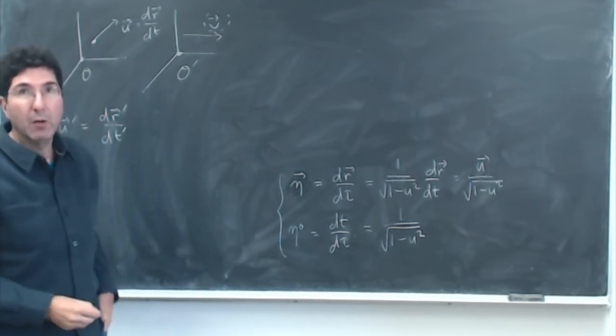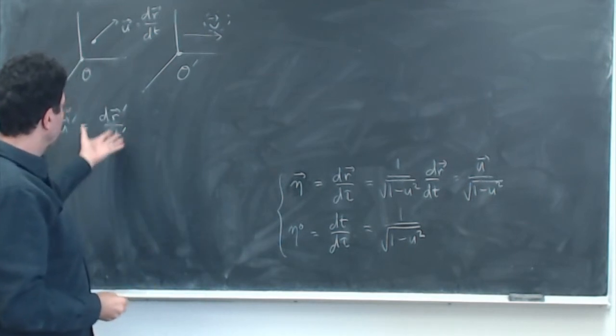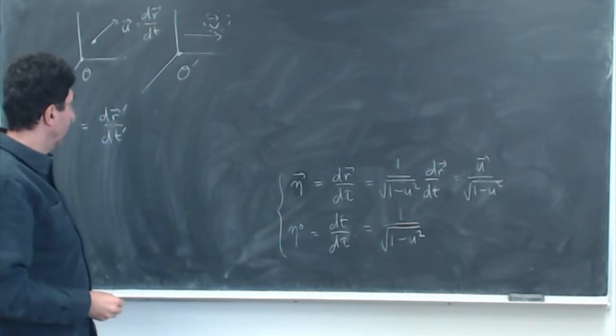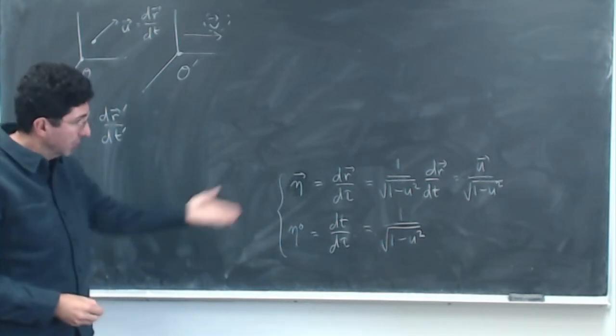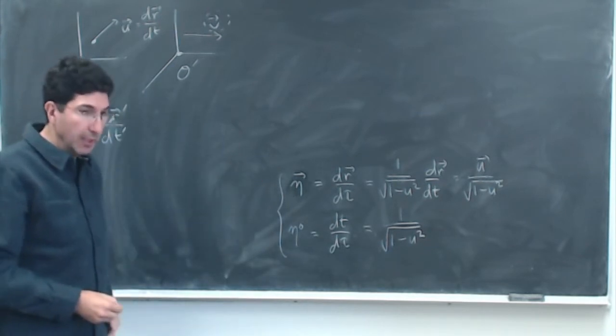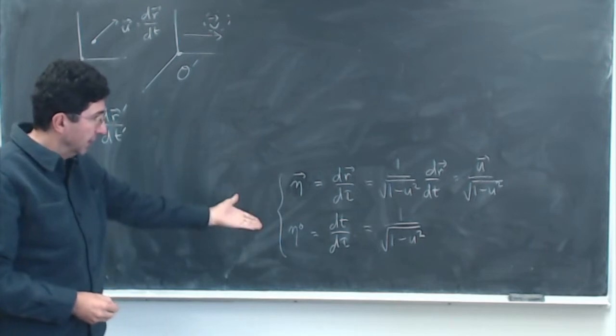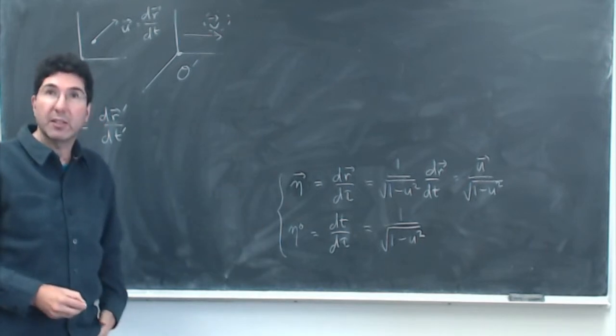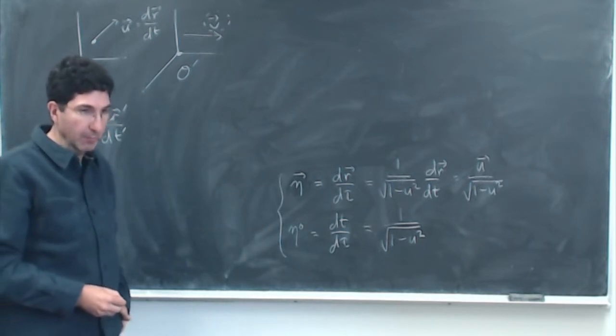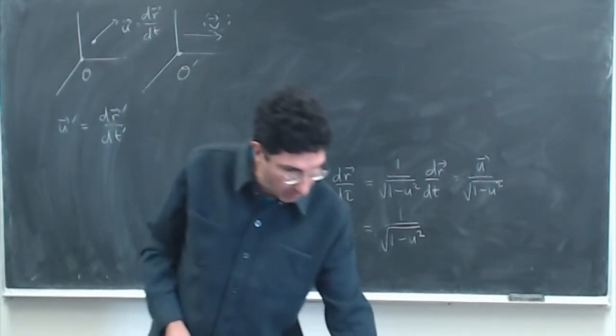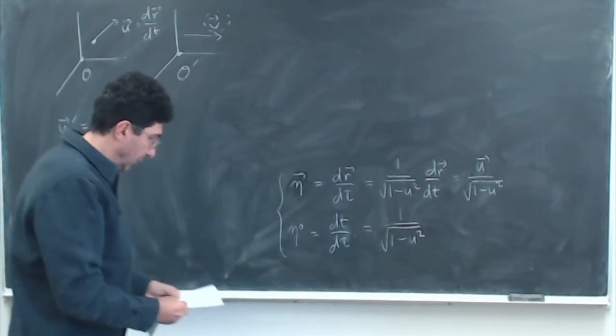Now, we can work this out by using the Lorentz transformations on r and t, but we can also work it out here in a simple way using this 4-vector eta, and that's what I'm going to show you now.